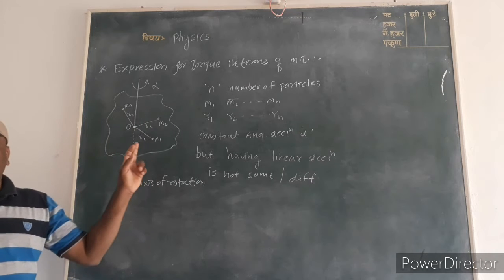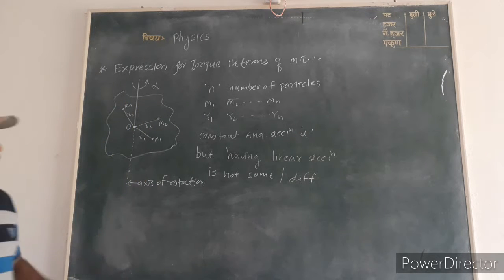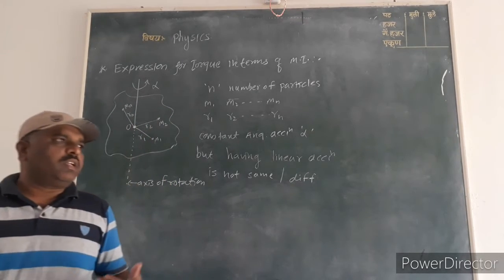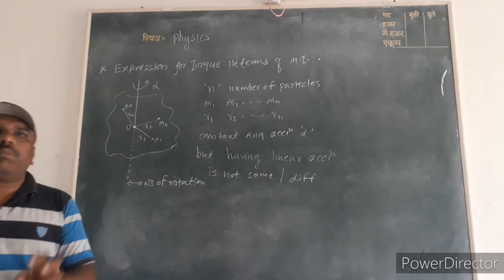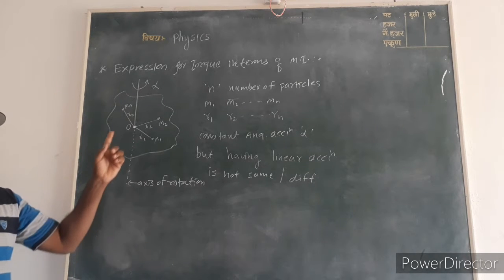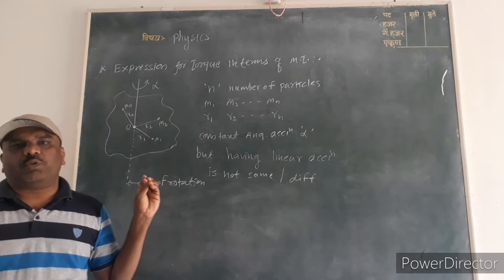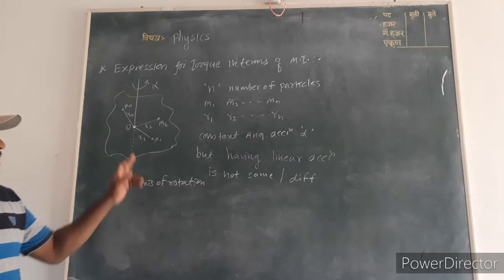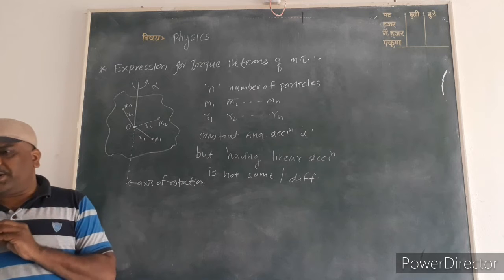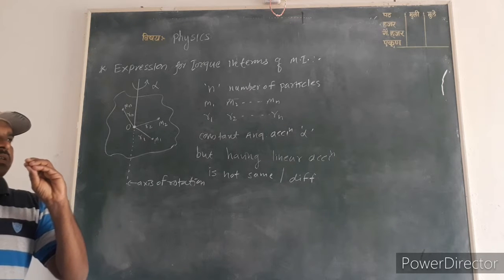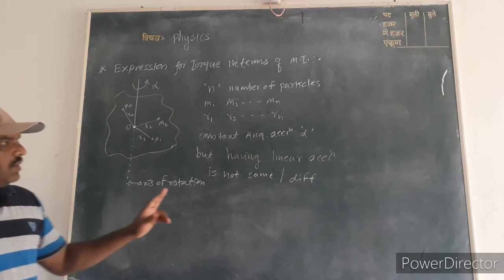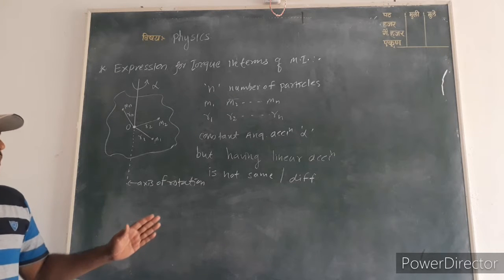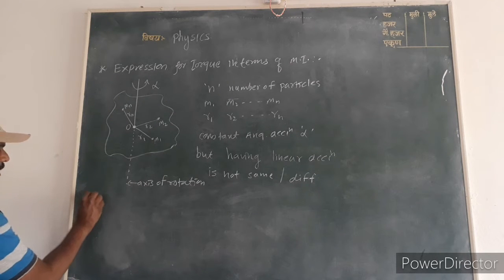If the rigid body rotates about its axis, then these small particles of mass m1, m2 up to mn also rotate about the same axis with the same angular acceleration alpha, but each particle has a different linear acceleration.